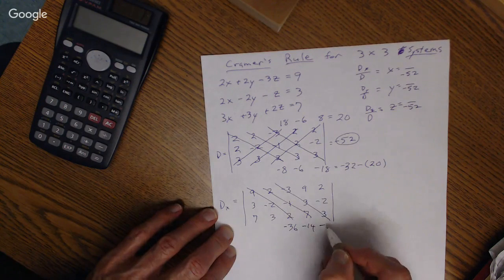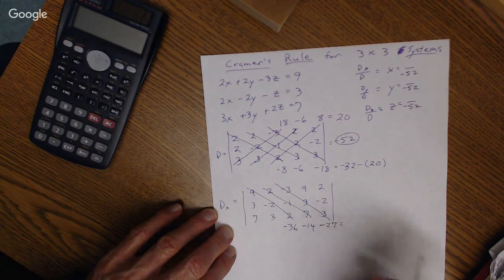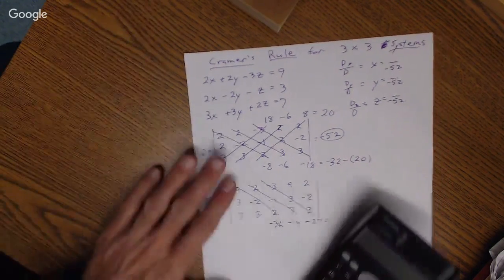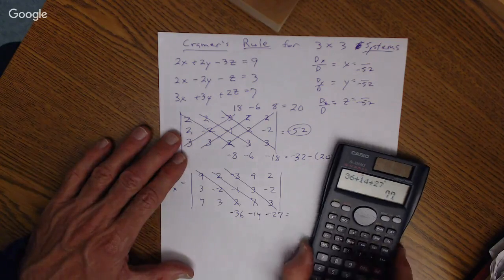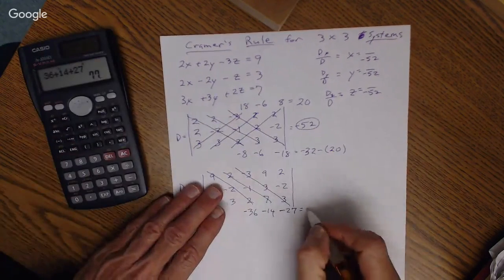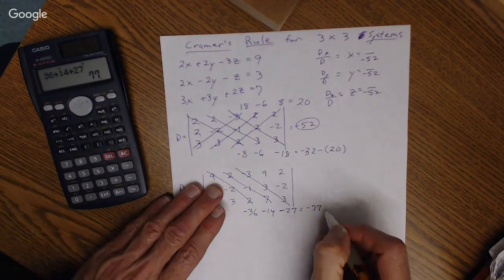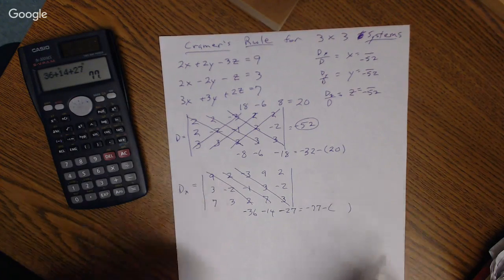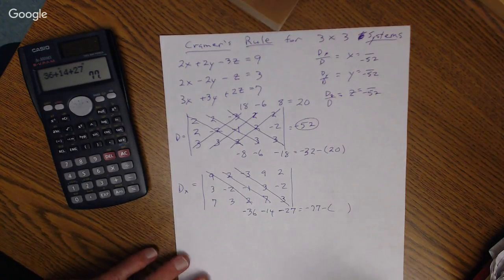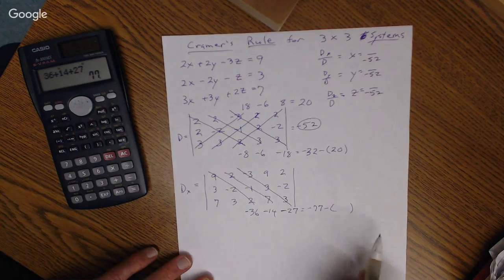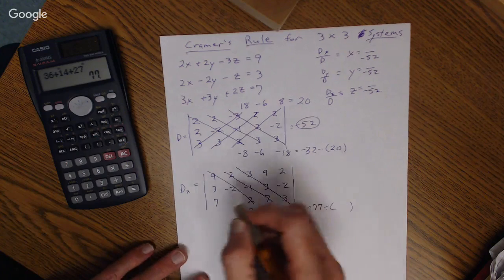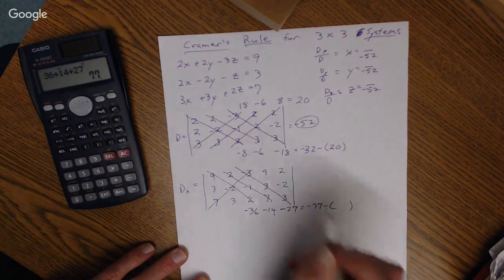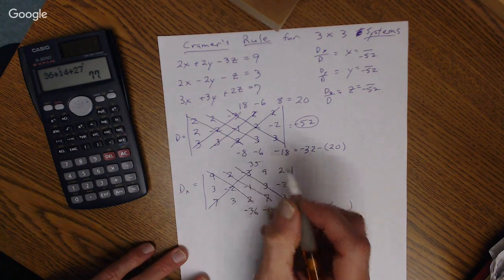This is going to be -14. This is going to be -27. I'm going to use a calculator for that. So 36 and 14 and 27, it's going to be -77. And we're going to subtract the up diagonals. So put minus parentheses. You've got to be very careful with the signs here. So write it down, that way you won't forget it. Up diagonals, this is going to be 35 positive.